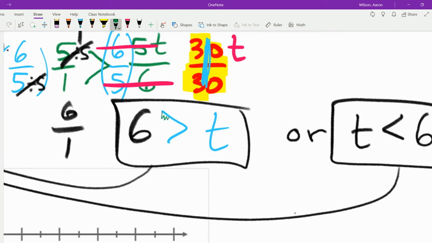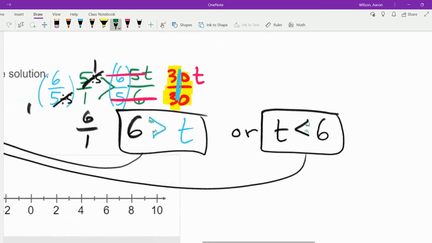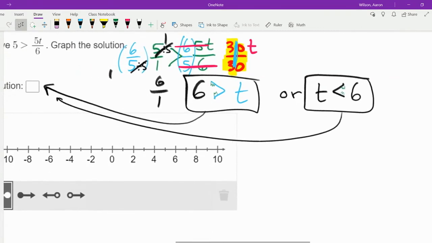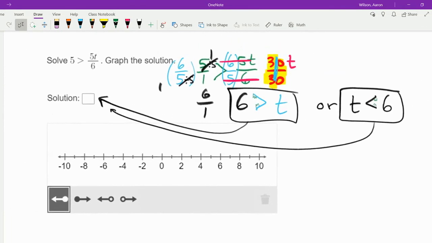Look over here with my teeth. The 6 is being eaten. And look over here on this one where I'm drawing the teeth. Notice the 6 is still being eaten because it's the same. Even though you say 6 is greater than t and someone else says t is less than 6, you're saying the same thing. It just sounds different. That's like saying if I'm taller than you, that means you're shorter than me.